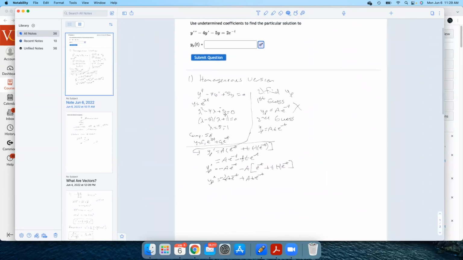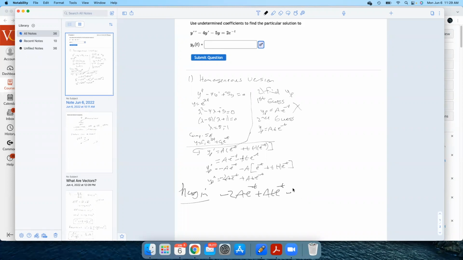All right, so let's plug all this in. So I got y double prime plus or minus 4 times the derivative.